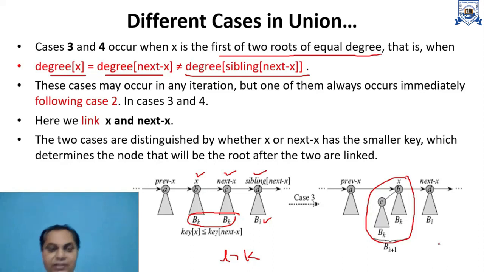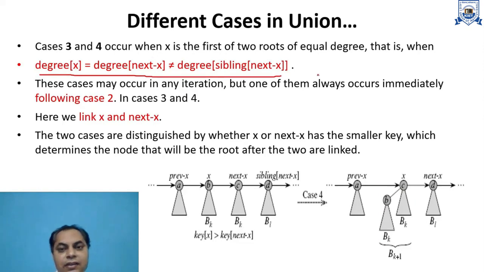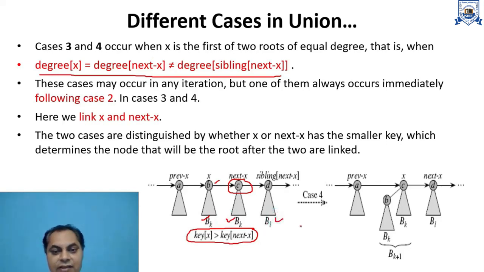So this was case 3. Now come to case 4. In case 4 all things are as we did in case 3, but there is a minor difference. This time the value of next of x, that is c, is less than the value of b, or in other words the key of x is greater than the key of next of x. Otherwise x and next of x have the same degree and the sibling of next of x has a different degree.